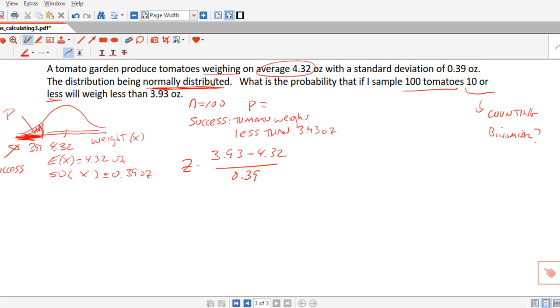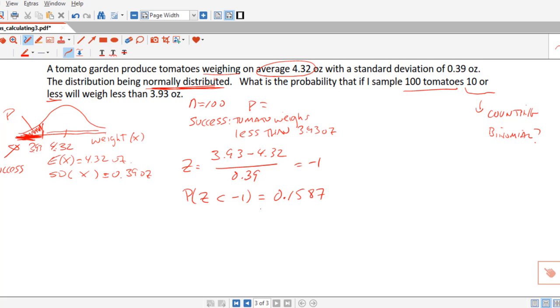And that's going to be my z-score. And that is -1, so the probability of getting a z-score less than -1, if I use again Excel or GeoGebra, is 0.1587, and that one I just have completely memorized.